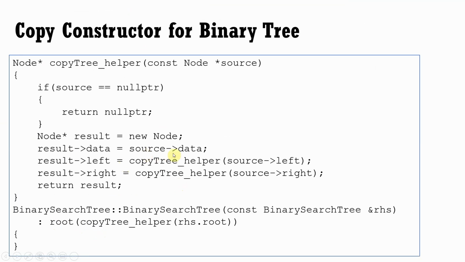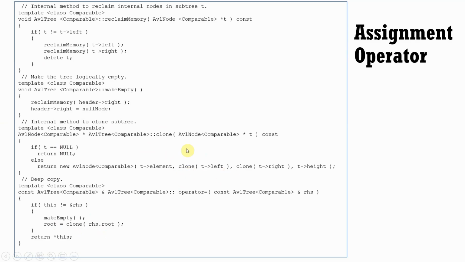So we are basically copying the data and then calling the same function for the left child and for the right child, okay? So this is a brief review of the concept of destructor, copy constructor, and assignment operator for those of you who didn't see this in your previous courses.